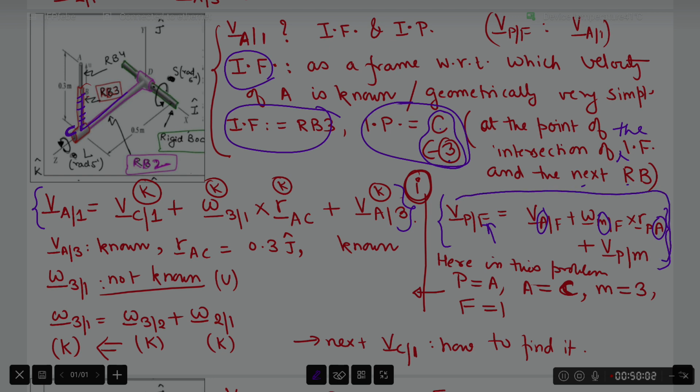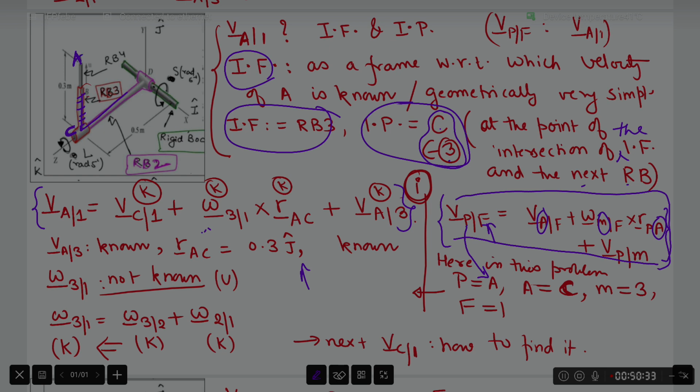However, in this problem, you will have to do some adaptations and do those adaptations rather carefully. What are those adaptations? So you will refer to this formula, but keep in mind that in this problem, this P has to be A, because A is the point of interest, the freely moving particle in space.